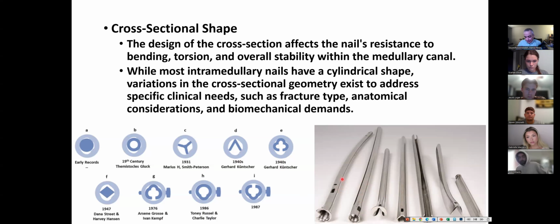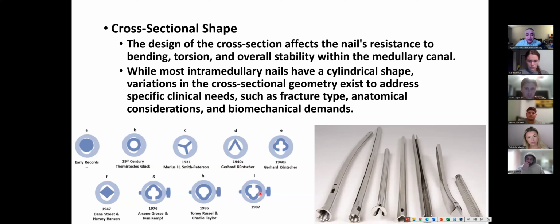Currently, most nails are circular because we use a concept called interlocking screws, and we don't need a different cross section to increase the torsional rigidity or bending rigidity.